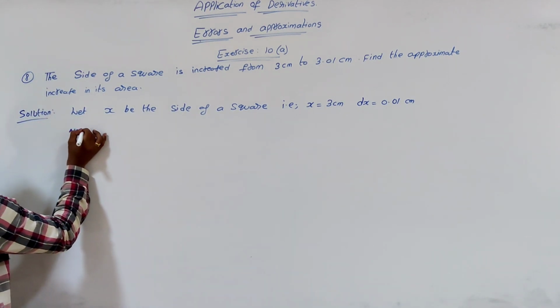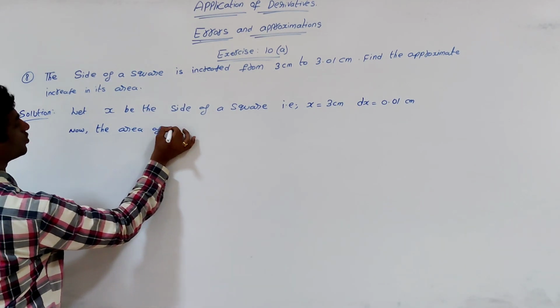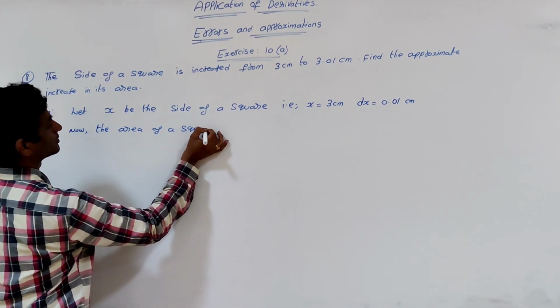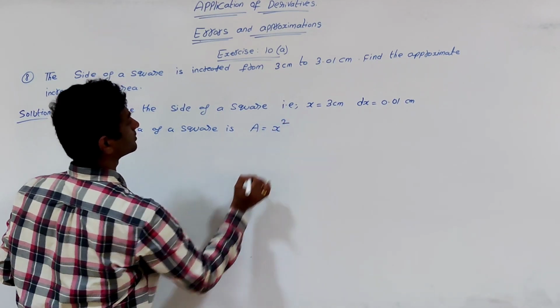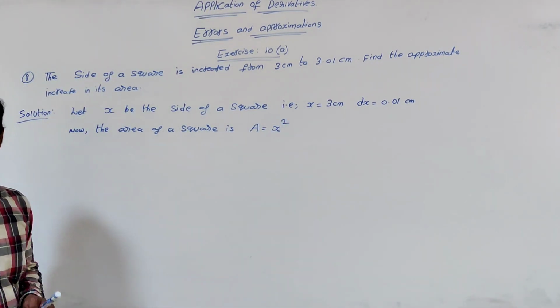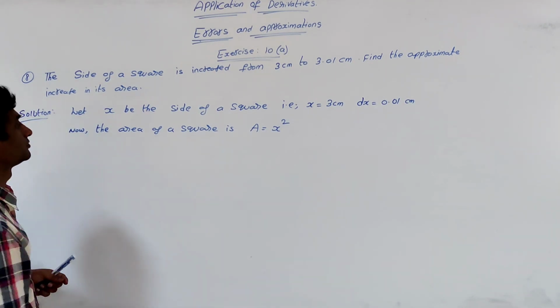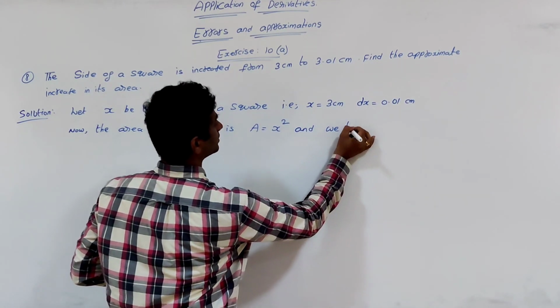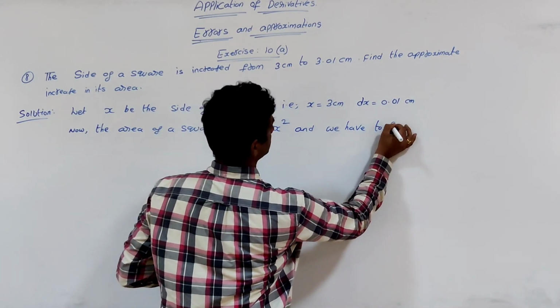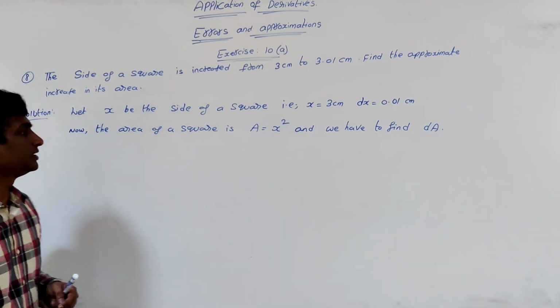Now the area of a square is A is equal to x square. If x is the side, then the square of the side gives the area, and we have to find what is the change in its area, dA.